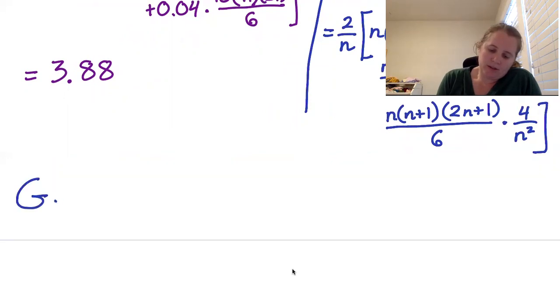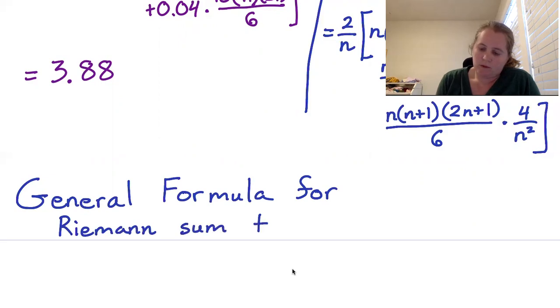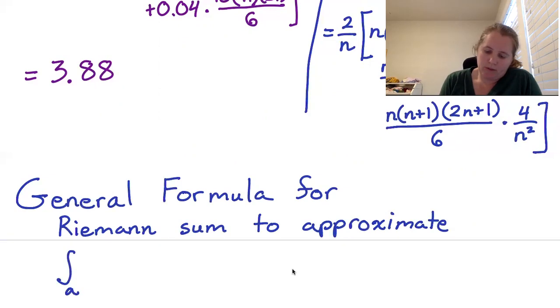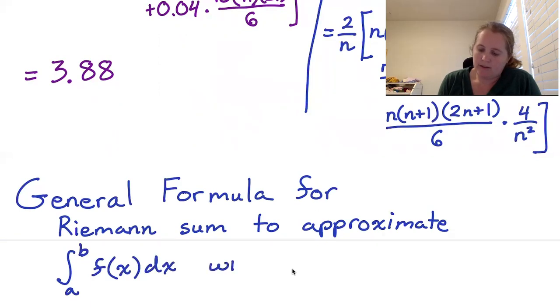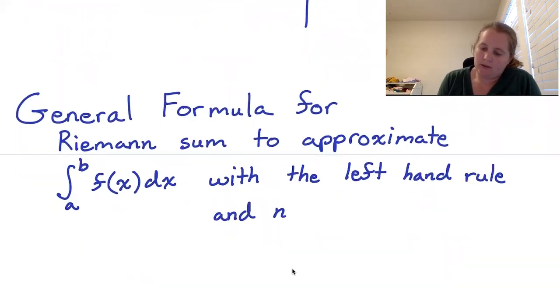So the general formula for the Riemann sum to approximate the definite integral from a to b of f of x dx with the left-hand rule and n rectangles.